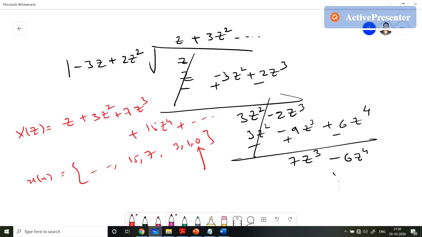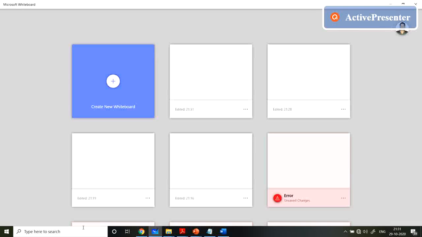The first coefficient is 0, and we have z raised to the power 1, so at n equals minus 1 we have 1, then we have 3, and further calculation gives 7, then 15, and all the rest of the points are equal to 0. That's all. So this is our x[n].